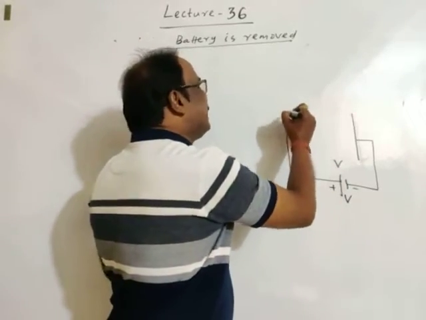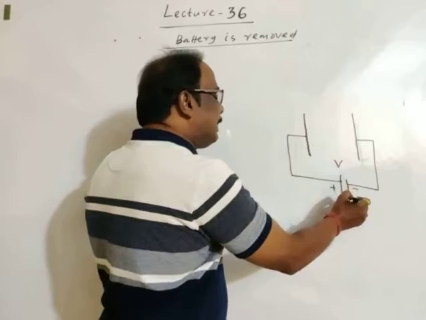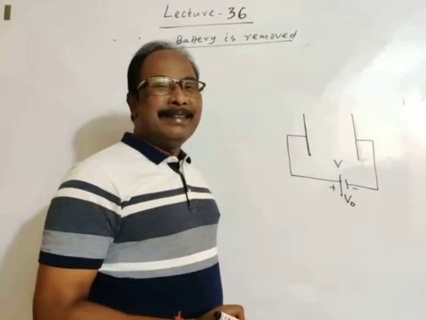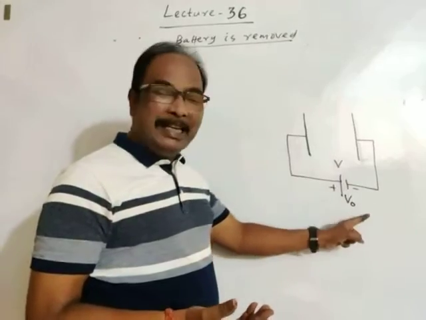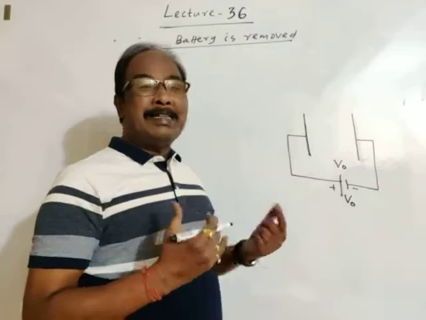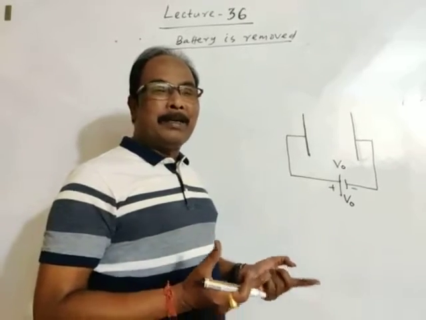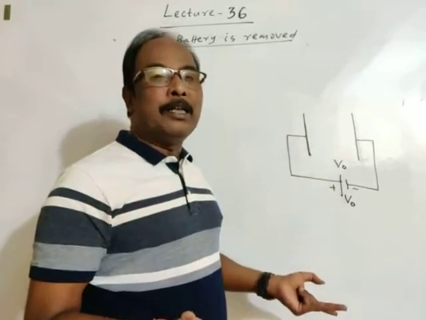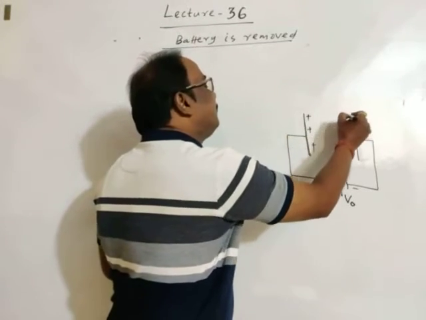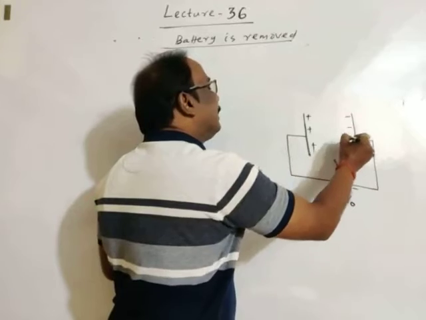The potential difference between the terminals of the cell is V naught, and the potential difference between the plates of the capacitor is V naught when it is fully charged. At this condition, this plate becomes positive and this plate becomes negative.